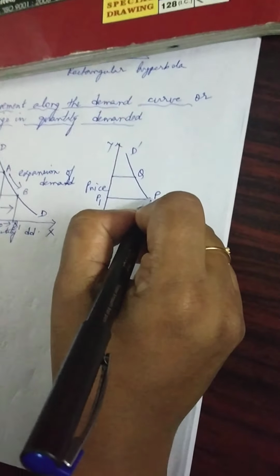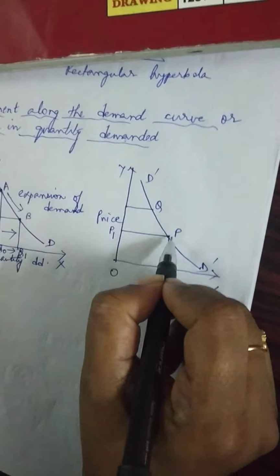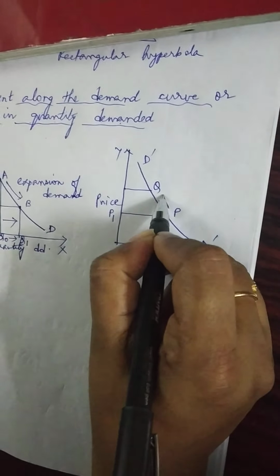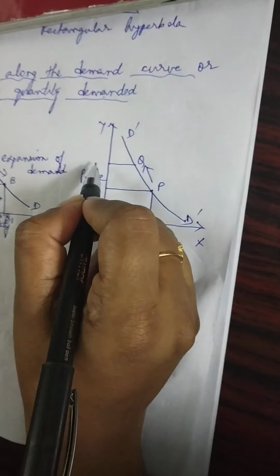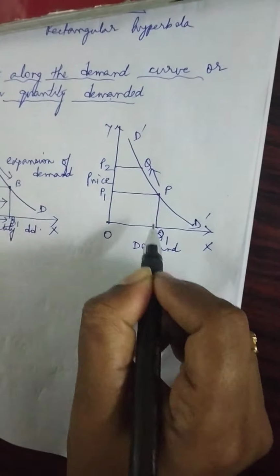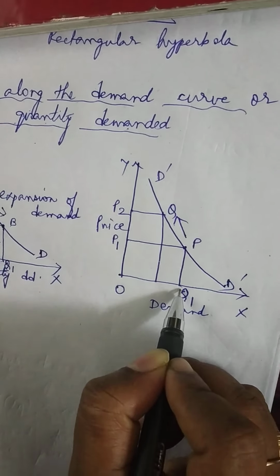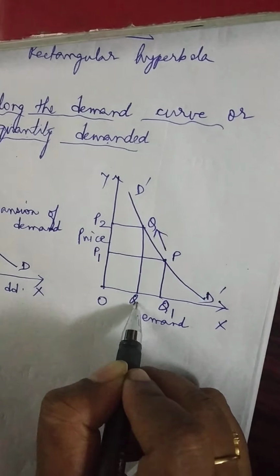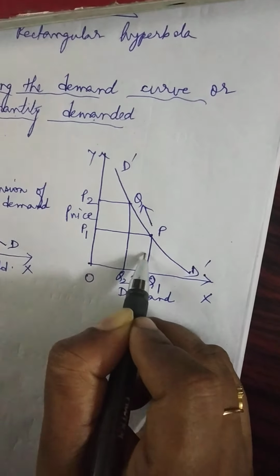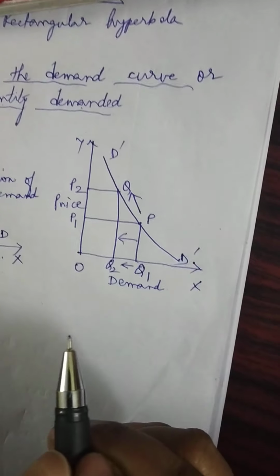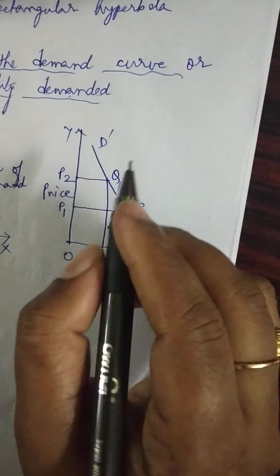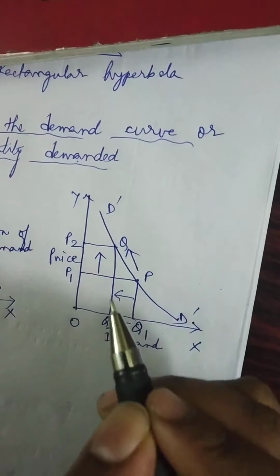Now when there is an upward movement along the demand curve from P to Q, price has increased, say to P2, but you see what happens to quantity demanded. It has fallen from Q1 to Q2. So here quantity demanded is falling, but price has increased.